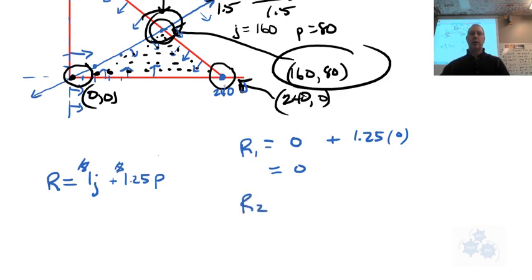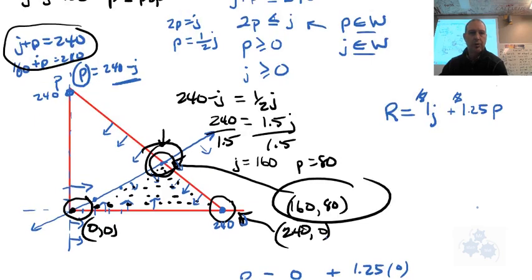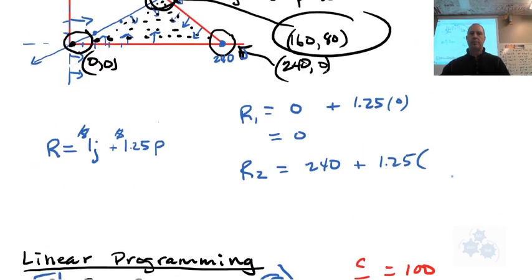Revenue 2, let's try the 240. So J is 240, so 1 times 240 plus 1.25 times, with this point, there are 0, is that pop or juice? 0 pops, right? So we've got 240, okay? That's a candidate.